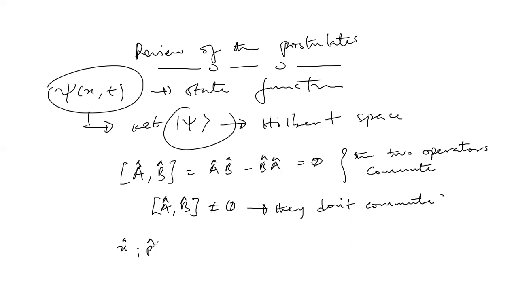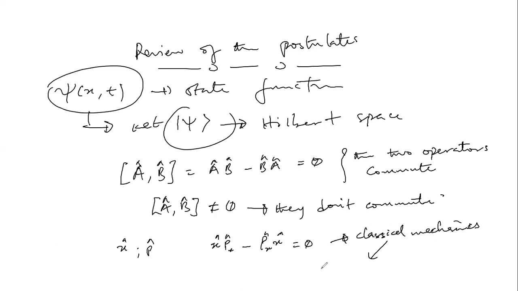So we're also able to show that the commutator between the position and the momentum, which is the same as zero in classical mechanics, does not hold true in quantum mechanics.